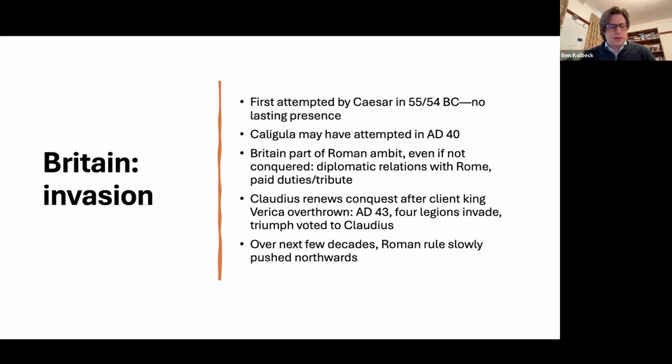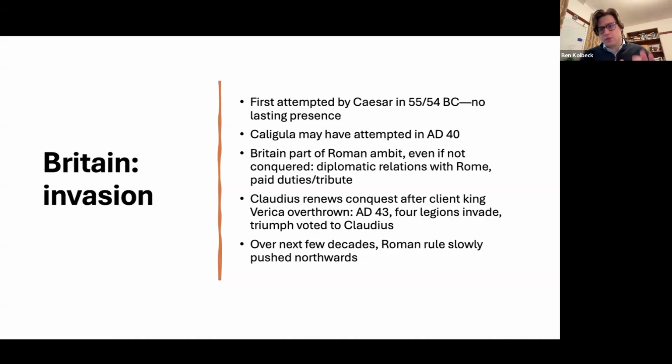Scholars debate exactly the extent to which that occurred, but finally Claudius, the emperor in the 40s AD, launches a full-scale invasion, about 100 years after Caesar's attempt, and this is successful. This leads to the start of long-term military occupation of Britain. This is a slow process of pushing steadily north over successive decades. We'll look at some maps in a second that show that.